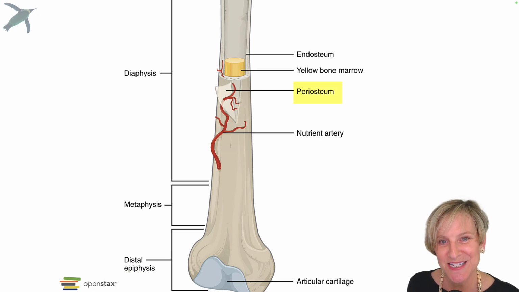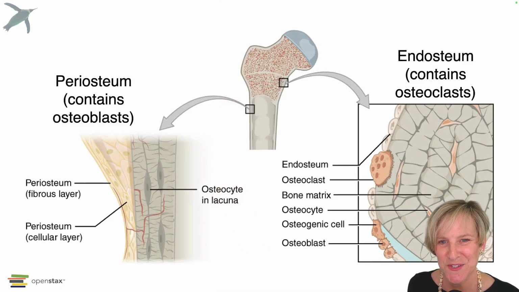Now, the periosteum and the endosteum can be a little confusing, but they're shown better here. Peri means around, endo means inside. And again, you're not going to see this in non-living specimens, but the periosteum is where the osteoblasts or the bone-building cells live, and the endosteum is where the osteoclasts can be found. And again, osteoclasts are bone remodeling cells.